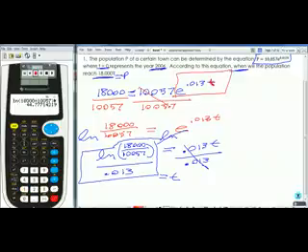Enter. And I get an answer that is 44.78. So t equals 44.78. And that's how many years it's going to take.